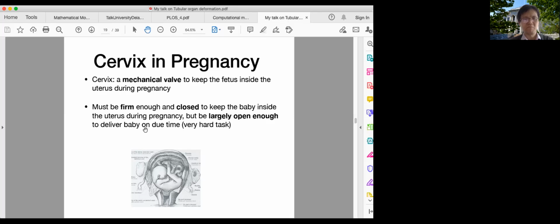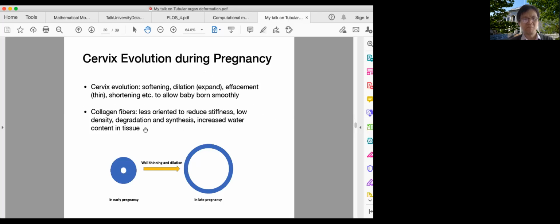Very hard task. So there is a cervix evolution during pregnancy. The deformation is like softening, dilation, effacement, shortening, and so on. Here, softening means the tissue is very soft, and dilation means it expands.